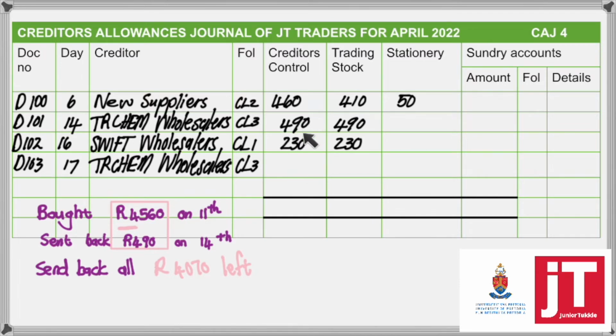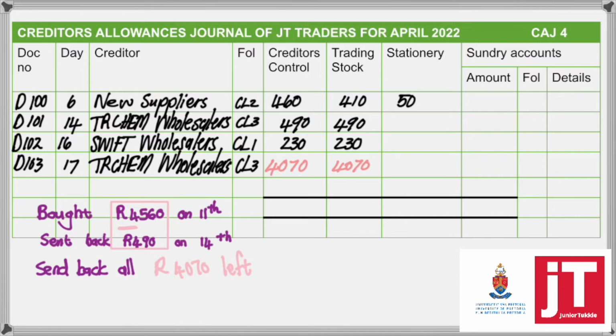So now we can only record what is left. So the 4,560 minus the 490 is equal to the 4,070 Rand. And that is why I only fill in the 4,070 Rand in this journal.